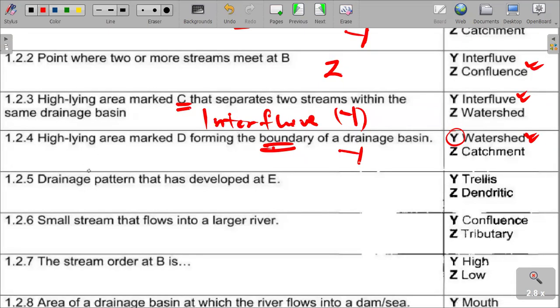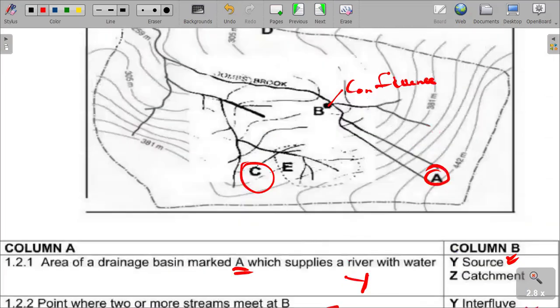And then the drainage pattern that has developed at E. Here, we can talk about a dendritic drainage pattern, which forms like the branches of a tree.